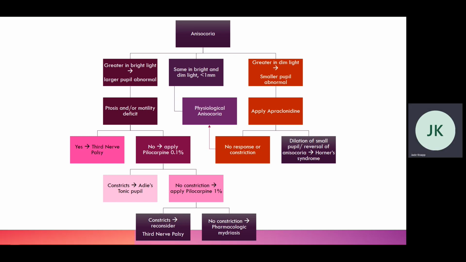So you examine them again, and then you put in normal pilocarpine, and if it still doesn't constrict, you've then got to think, are you sure you didn't have a dilating drop put in the eye? Because if you put in a dilating drop like atropine, you can put in pilo and it doesn't really do anything. So you've got to revisit those bits of the history.